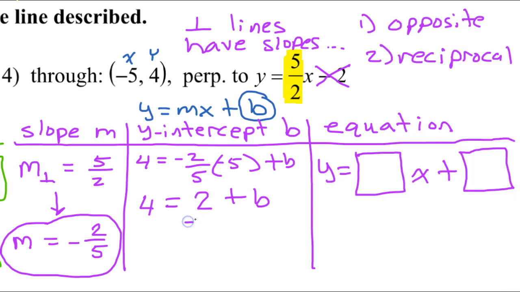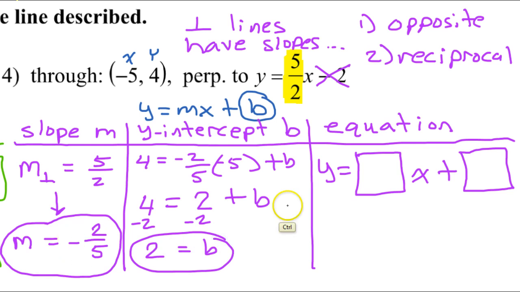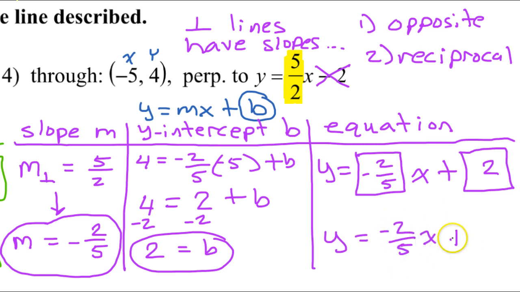Alright, moving on, we need to subtract 2 from both sides, so that's going to give me 2 is equal to b. Alright, so I forgot to write them down as I went, but the slope was negative 2/5, and the y-intercept was 2, so that means the final answer is simply y equals negative 2/5 x plus 2.